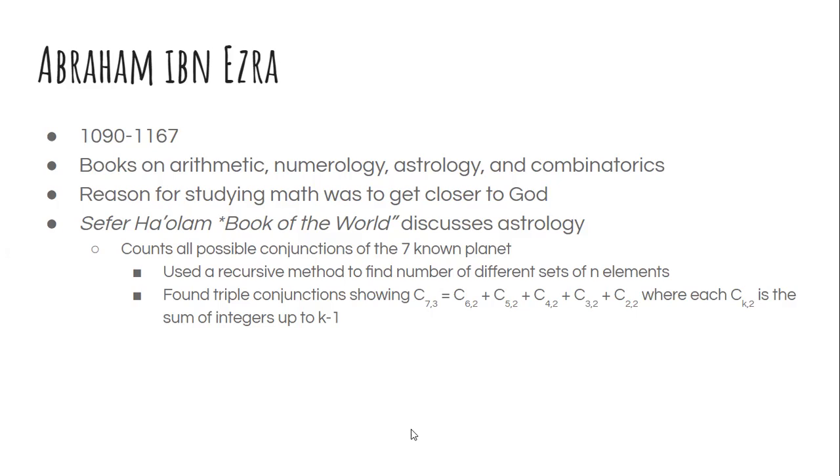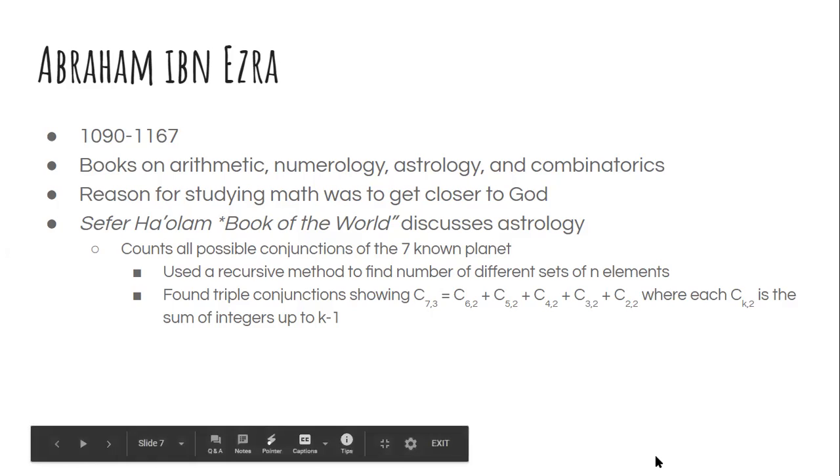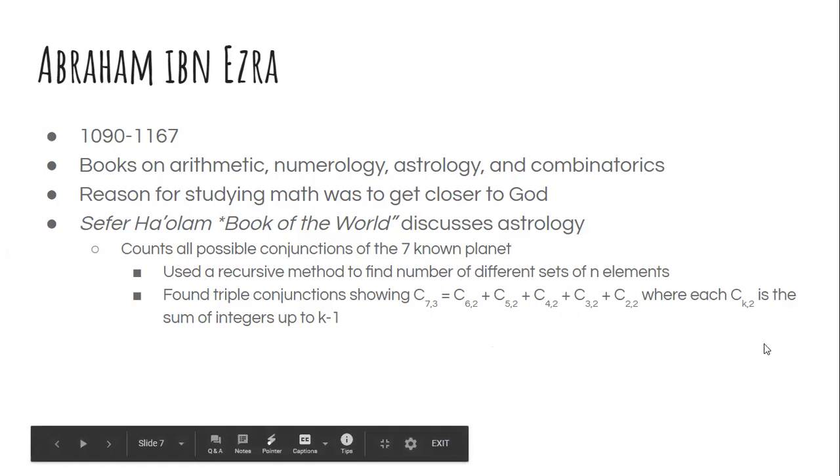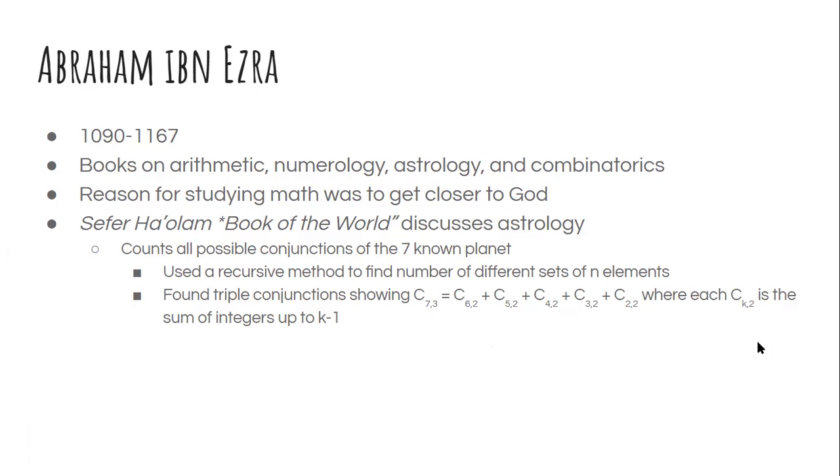So Ibn Ezra next found the triple conjunctions, and I wrote it down here, but he effectively showed that 7 choose 3 equals 6 choose 2, plus 5 choose 2, plus 4 choose 2, plus 3 choose 2, plus 2 choose 2, kind of long. But that's where each k choose 2 is the sum of integers up to k minus 1.